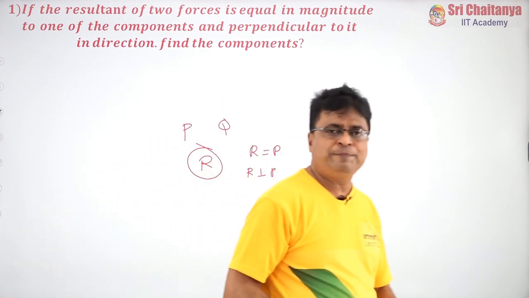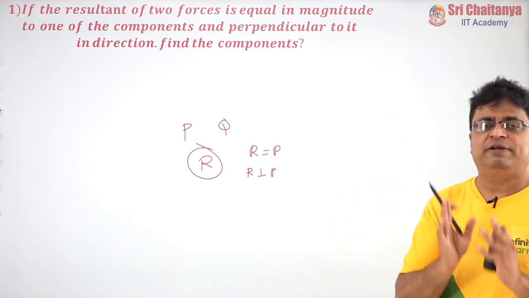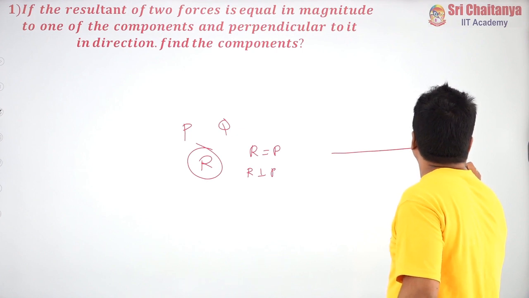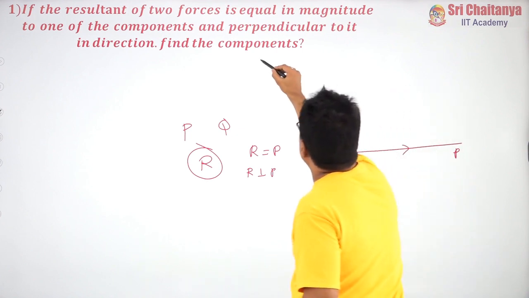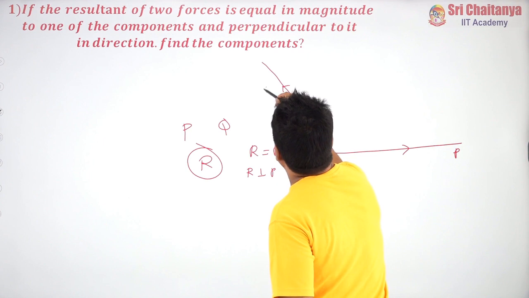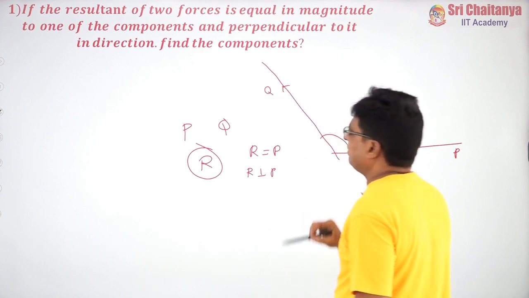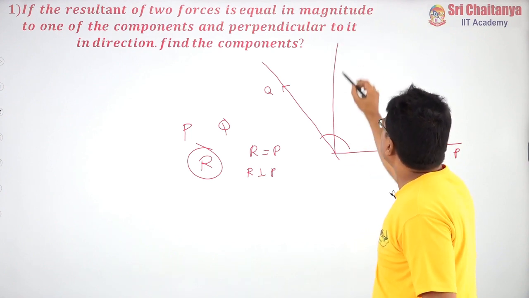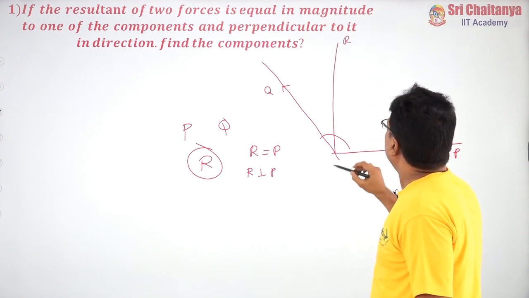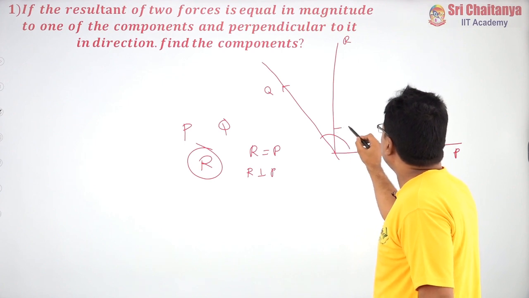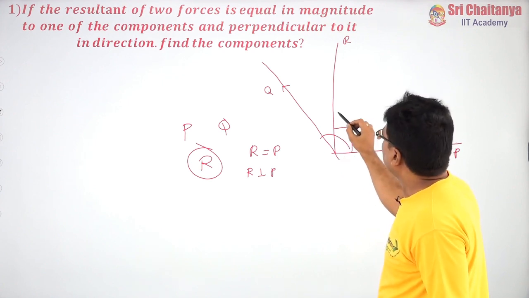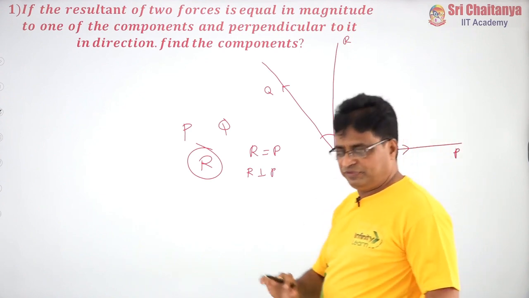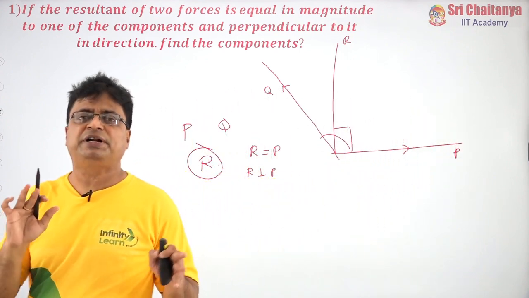So P and Q are two forces given for you. Say for example, this is some force P, and this is some force Q, and this is the angle between these two vectors, and this is the resultant, say R, and this R is perpendicular to one of the forces, and moreover the magnitude of R is equal to the magnitude of P. This is the information given for us.